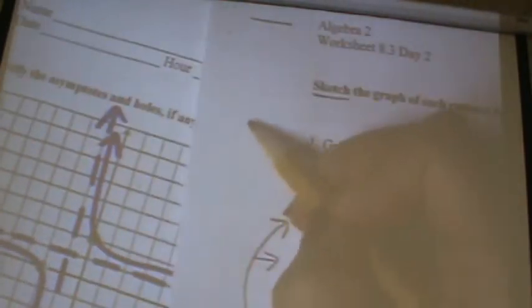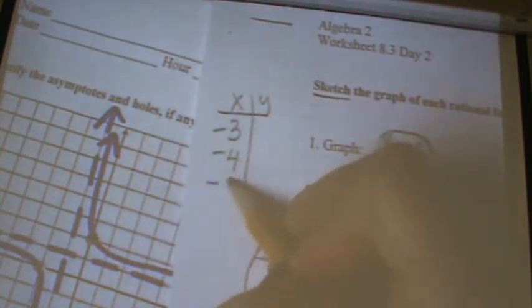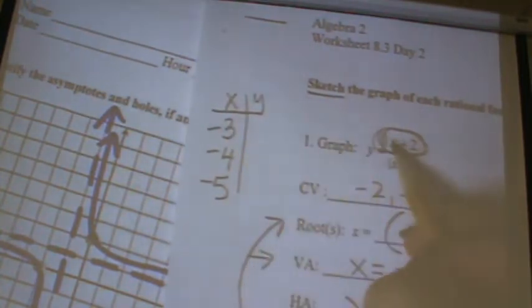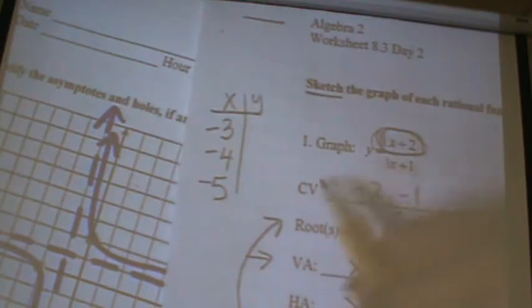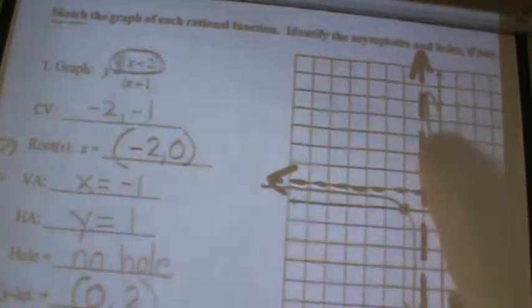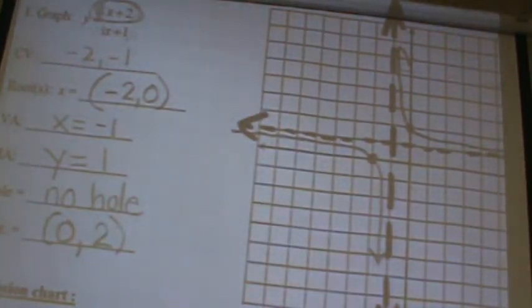Could you imagine if I asked you to plug in -3, -4, -5? You'd have to plug that in here, that in here, that in here. So instead of doing each one of these numbers, we're just saying in this region, we're in the negative, or we're in the positive region. So it's giving us a general idea of where we're located, not exact.